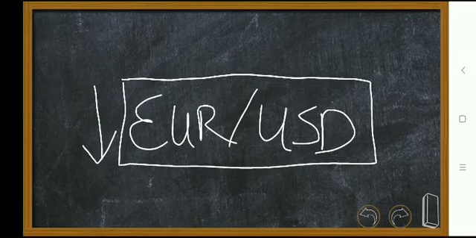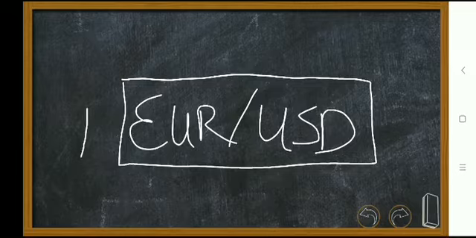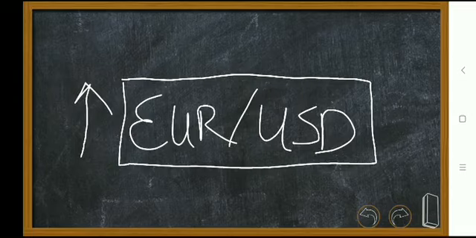I hope you're following me. So if for a particular reason you decide to buy the euro, it means that you'll buy the entire pair. I hope I'm making sense.